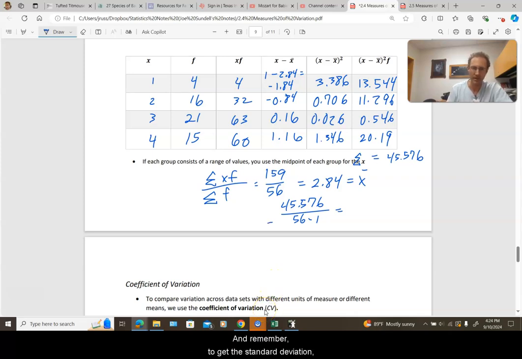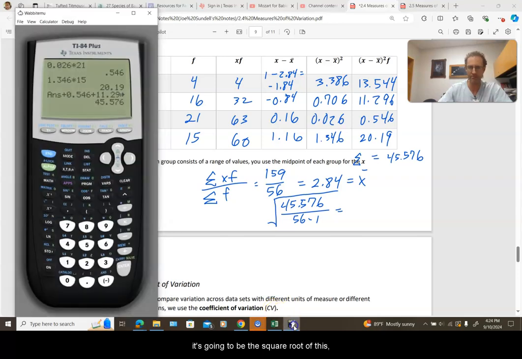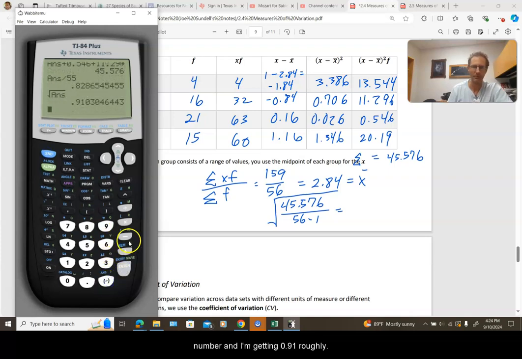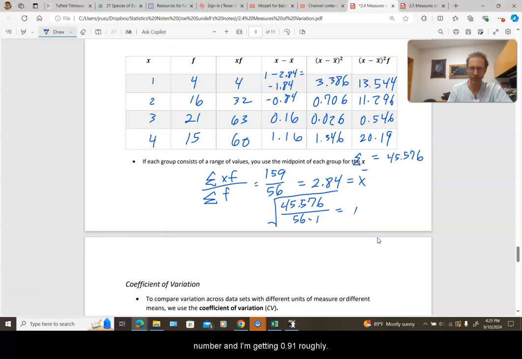And remember, to get the standard deviation, it's going to be the square root of this. Alright, so let me divide this by 55, and then take the square root of that number. And I'm getting 0.91 roughly. So this would be equal to S.